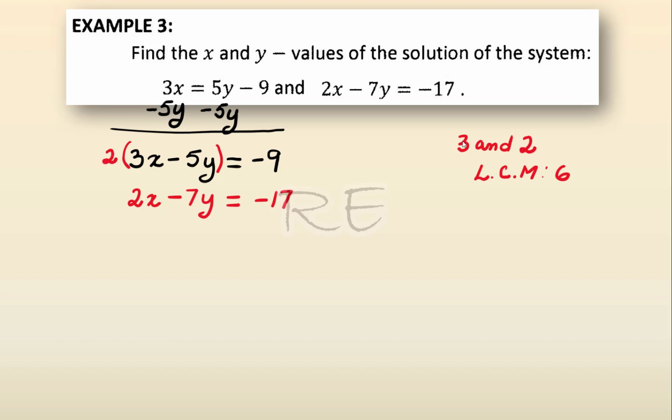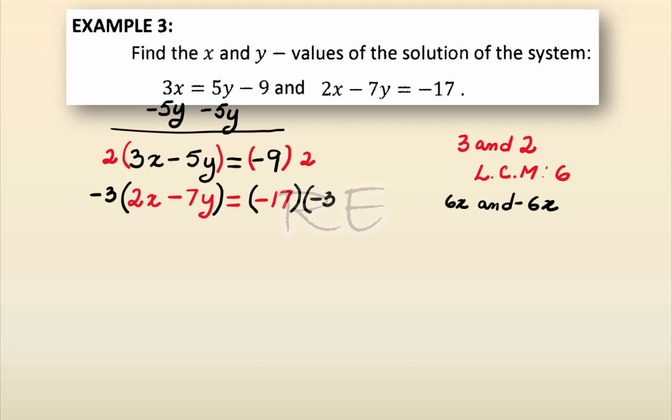Therefore, the first equation will be multiplied by 2 on both sides. And the second equation will be multiplied by negative 3 on both sides. Notice that 6 and negative 6 will cancel each other.